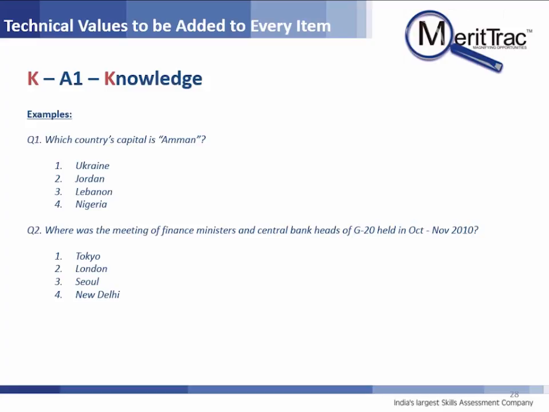One cannot comprehend this, you cannot apply, you cannot analyze, you cannot judge, you cannot synthesize. So, as it is a pure memory recall, it has only knowledge as the component being tested here. So this item would fall under the A1 cluster.